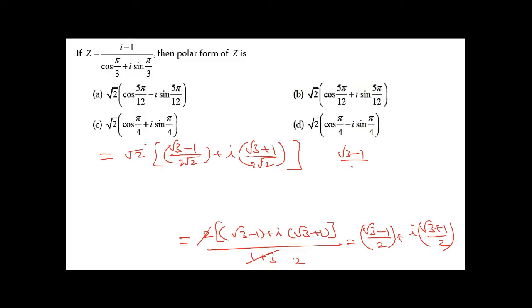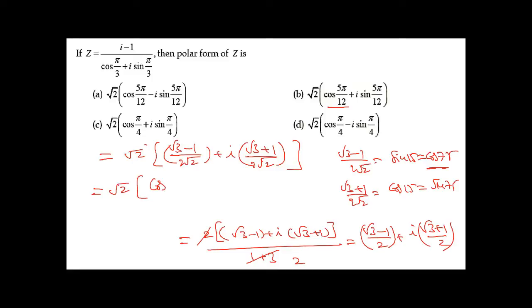The value of (root 3 minus 1) by 2 root 2 is sin 15, that is cos 75. Root 3 plus 1 by 2 root 2 is cos 15, that is sin 75. Because we need it in terms of cos plus i sin, you can take cos 75 plus i sin 75. Okay, very good. So 75 degrees is 5 pi by 12.